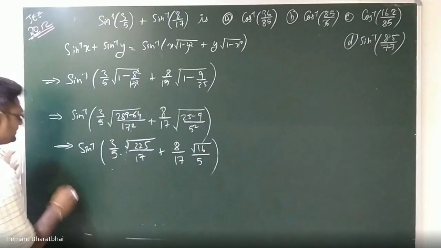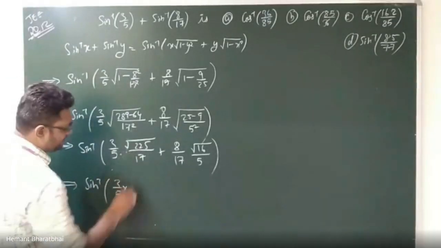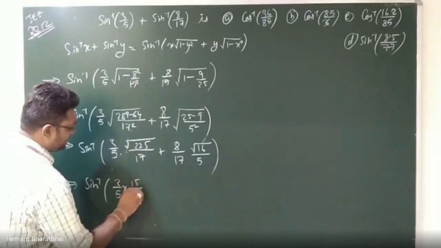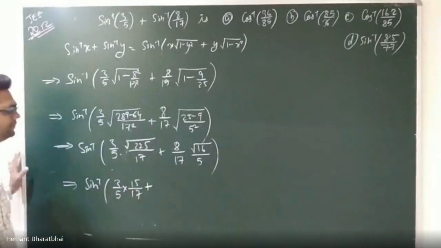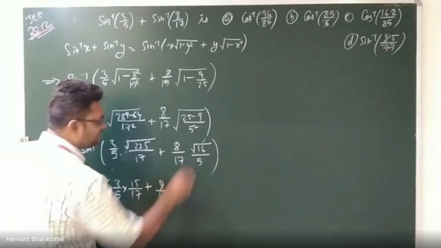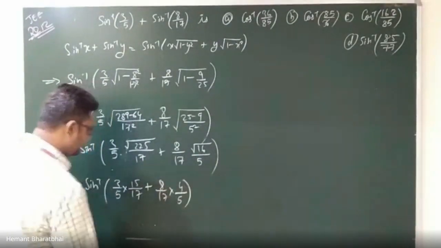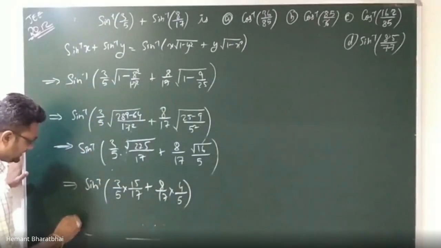So I'll get sine inverse of 3 by 5 into square root of 225, which will be 15. So 15 by 17 plus 8 by 17 into 4 by 5.